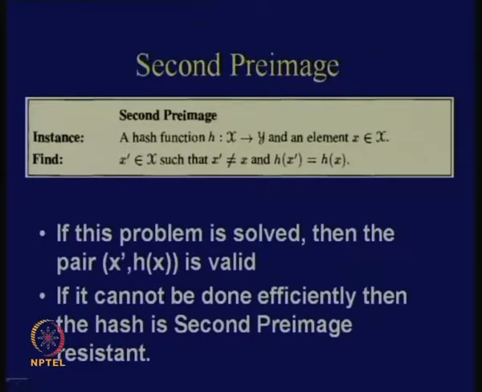Although you are able to invert, you are not able to give a different value of x. So the problems are different. If this problem is solved, then you can generate a valid pair, and therefore you cannot apply it for various applications like authentication and signatures and things like that.